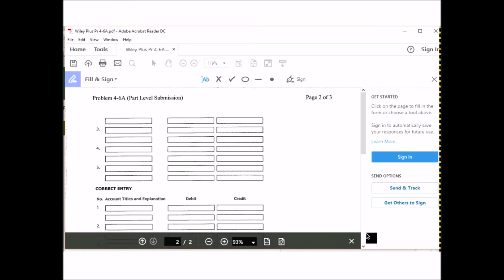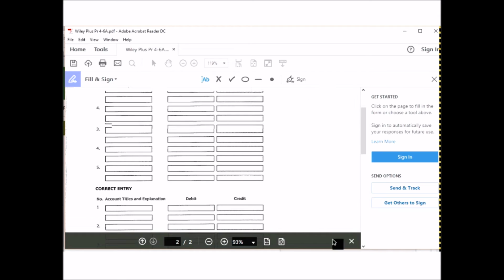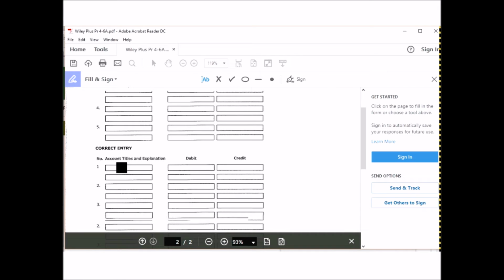Now the correct entry, well, we know the cash and the AR were correct. Let's go ahead and put those in, because the accounts were correct. But the amount shouldn't have been $750. It really should have been $570 because we just reversed a few items.